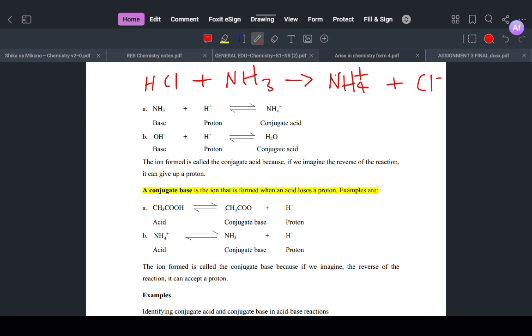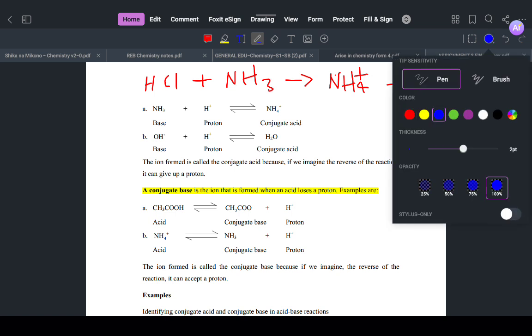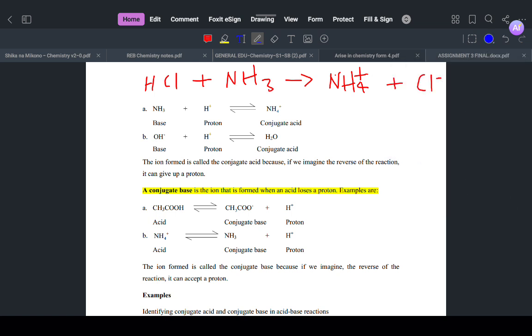All right, so once again, HCl is an acid, and this is a base. I mentioned that when a base gains a proton, it becomes a conjugate acid.